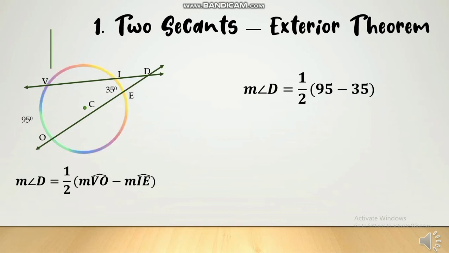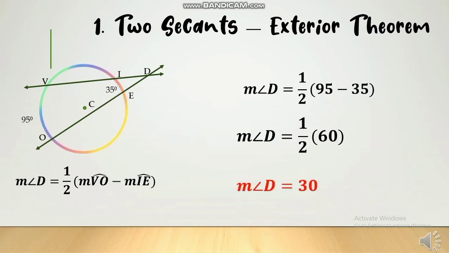So to be sure of the answer, the bigger arc comes first: the big arc minus the small arc. So 95 minus 35 equals 60. And 1/2 of 60 is equal to 30. So the measure of angle B is equal to 30.